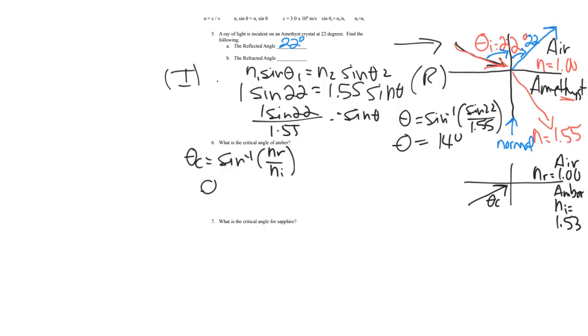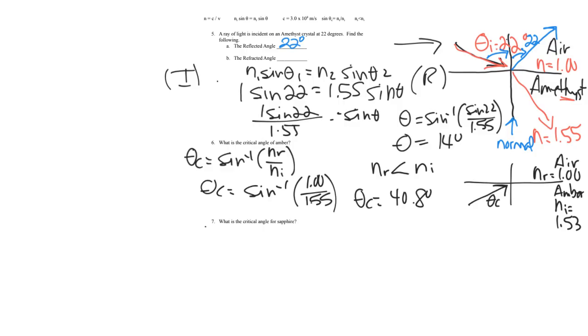And so theta c is going to be the inverse sine of the refracted substance divided by the incident substance. This ratio, nr, is always going to be less than ni. So in that fraction, the smaller number will always go in the top of that fraction. When you solve for critical angle, you're going to end up with a critical angle of 40.8 degrees.